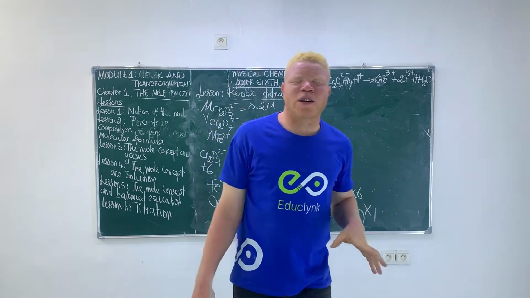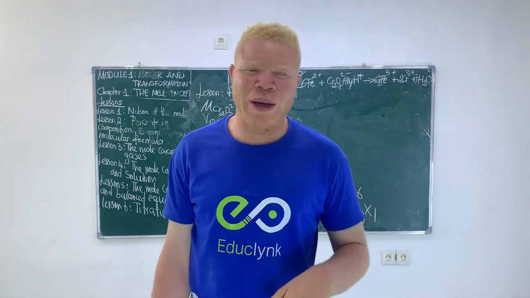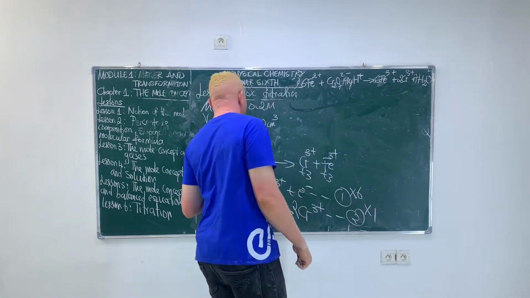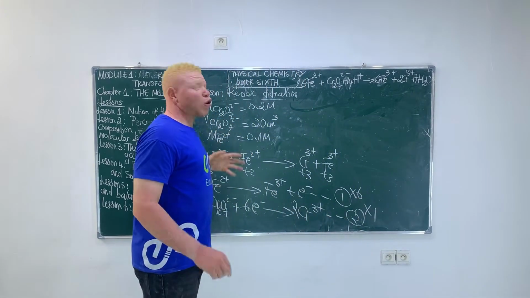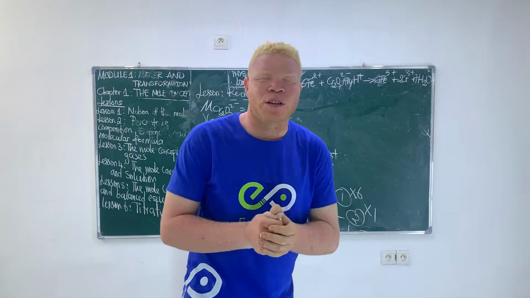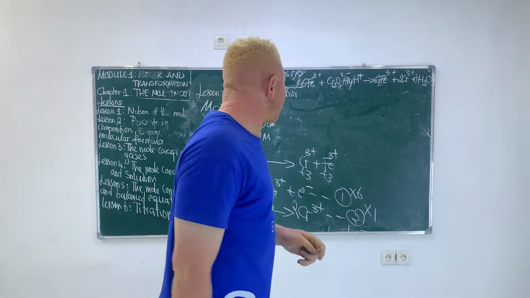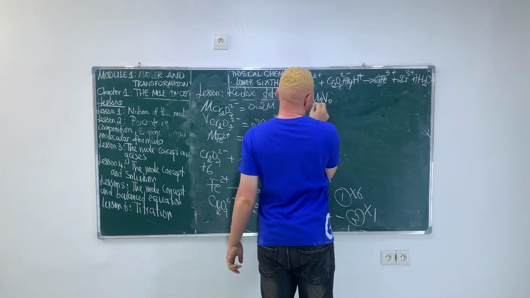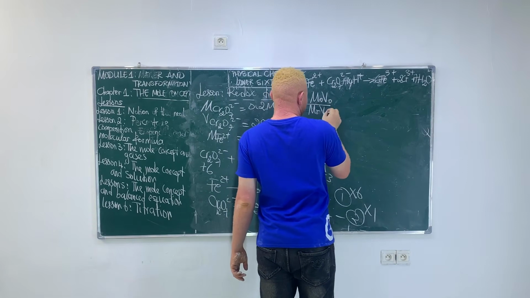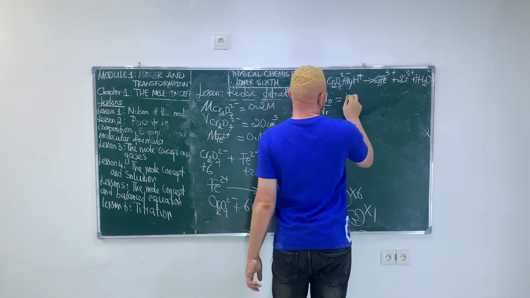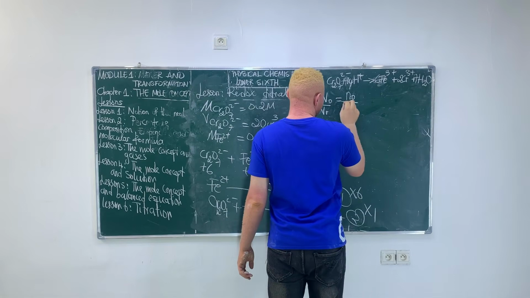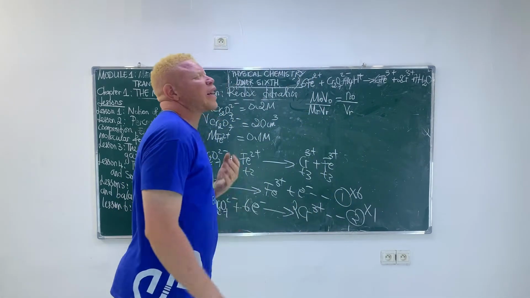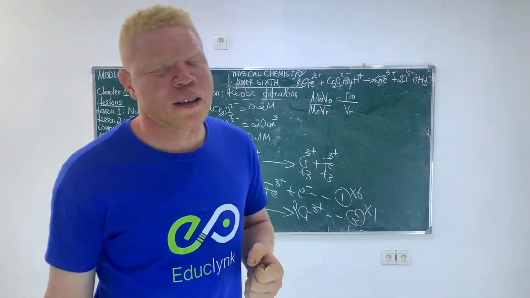Then number 2 is telling us that, given that you have balanced the equation, make use of the equation by calculating the volume of the iron 2 source. Automatically, we are going to make use of the stoichiometric coefficient. So we say molarity of O times volume of O, over NO, equals molarity of R times volume of R, over NR.